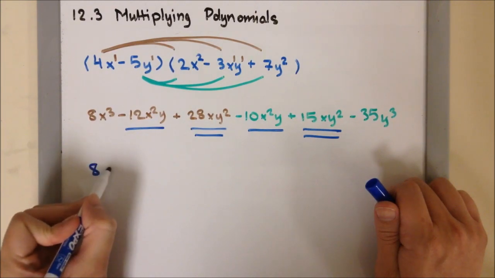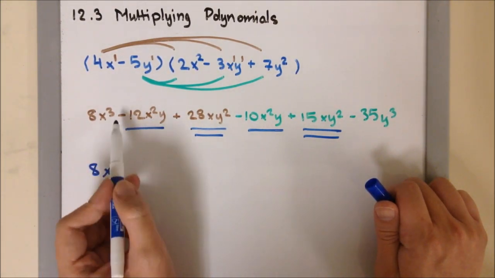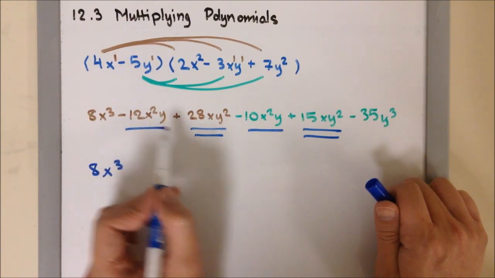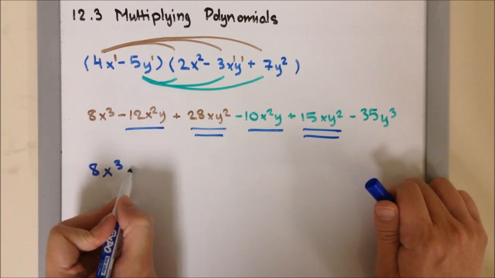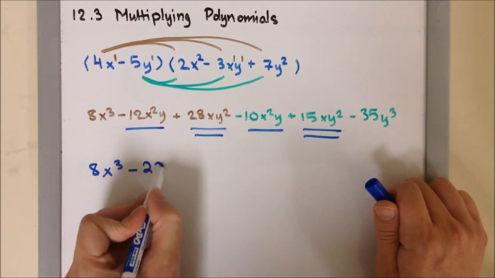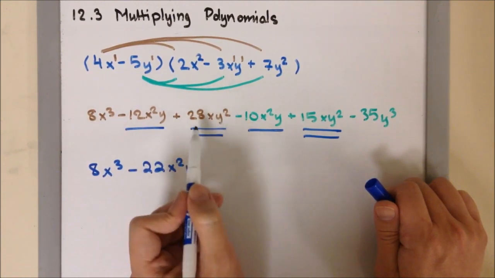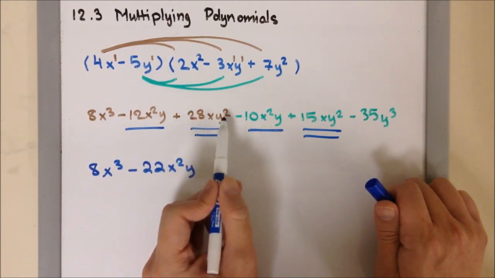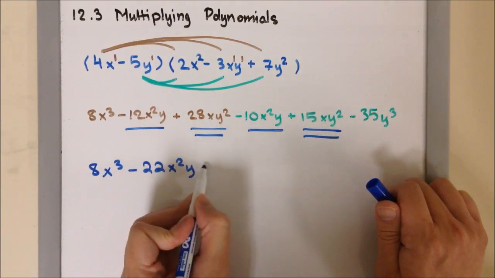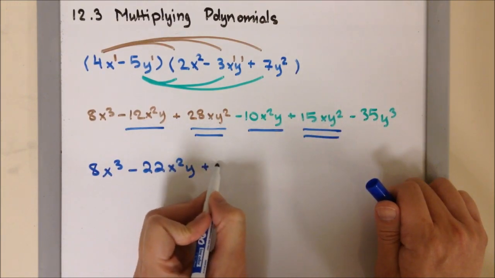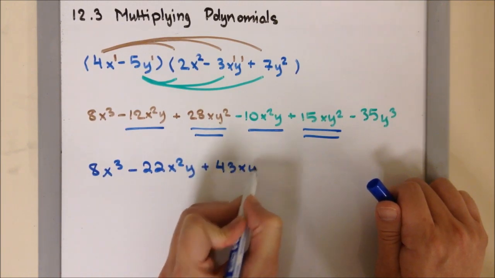So it's going to be 8x to the third, and then I'm going to combine the negative 12x squared y with the negative 10x squared y. That's going to become minus 22x squared y. And then I'm going to combine 28xy squared with the 15xy squared, so it's going to be plus 43xy squared.